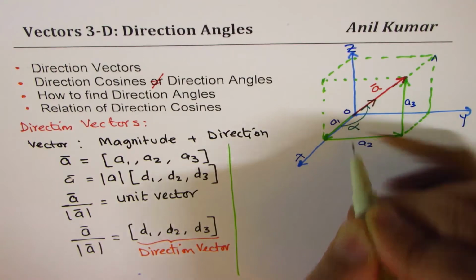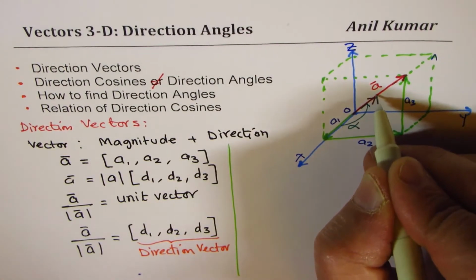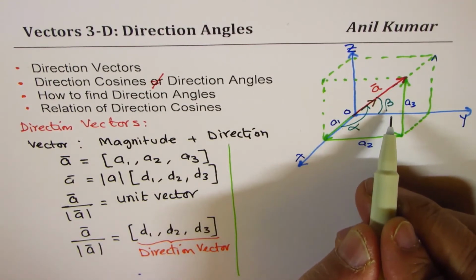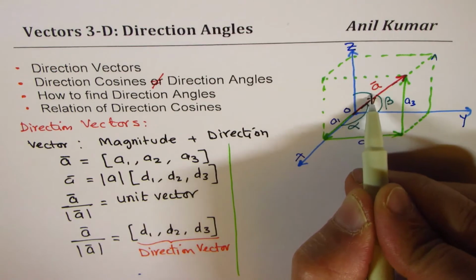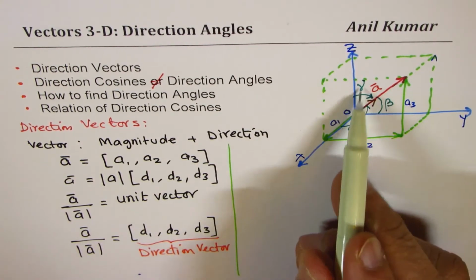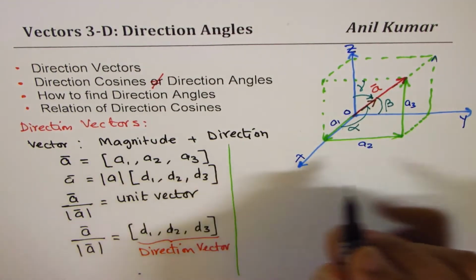The angle which it makes with the y-axis is termed beta. And the angle which it makes with the z-axis is called gamma. These three angles are called direction angles, right? So let's talk about direction angles now.